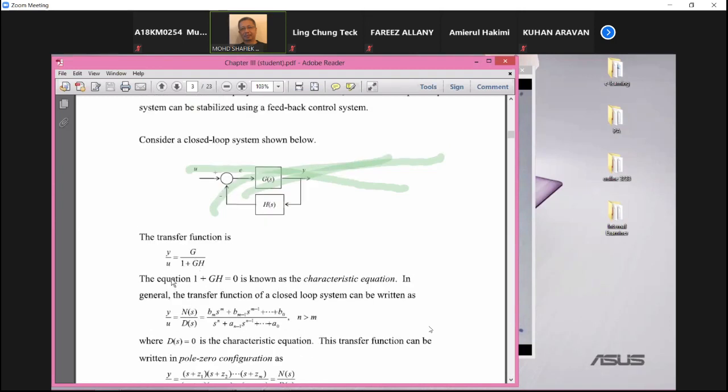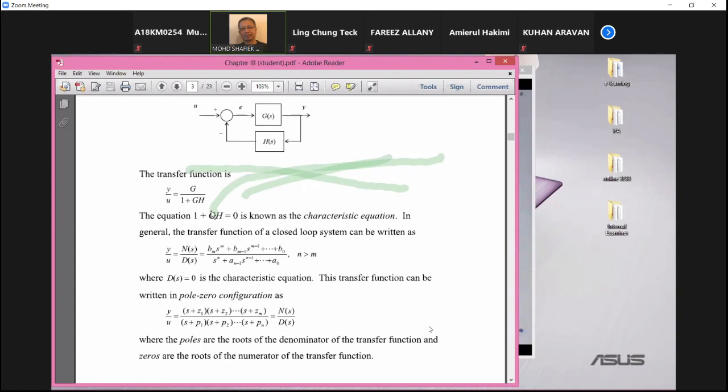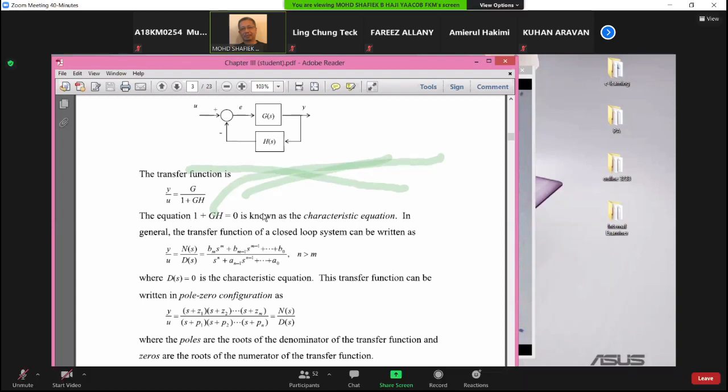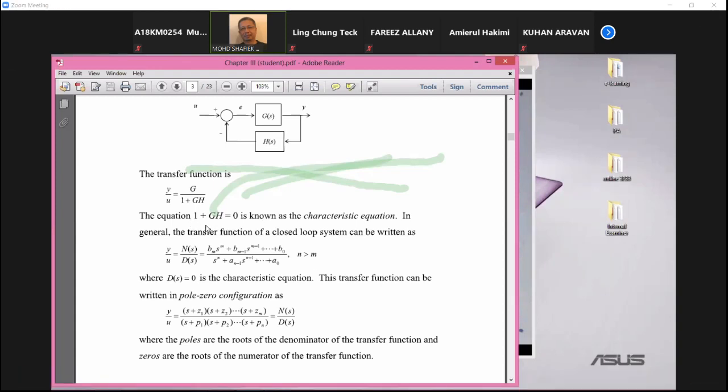The equation 1 plus GH equal to 0, the denominator of the transfer function, is known as the characteristic equation. This equation will characterize whether the system is stable or not. So the roots of this characteristic equation will determine whether the system is stable or not. If there exists one positive root, then the system becomes unstable. Only one is enough to make the system unstable. We want all the roots to be negative.